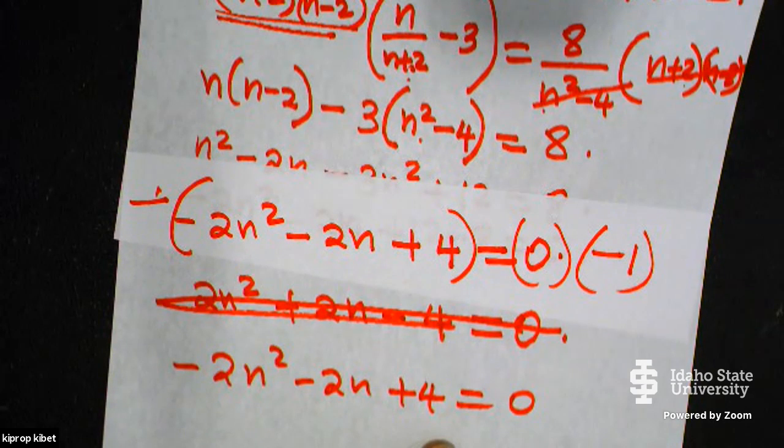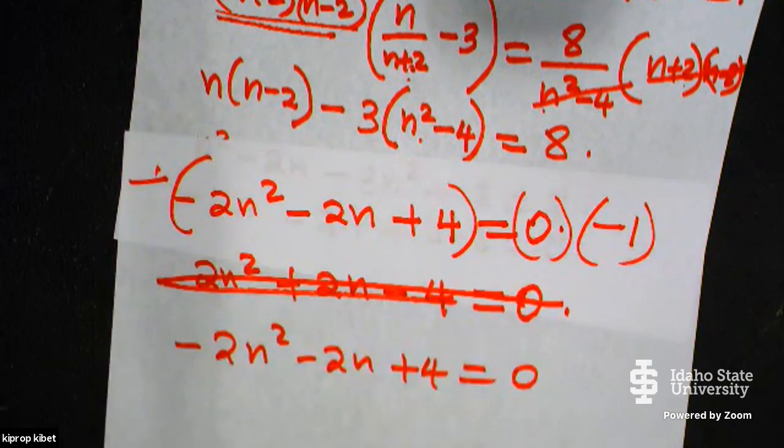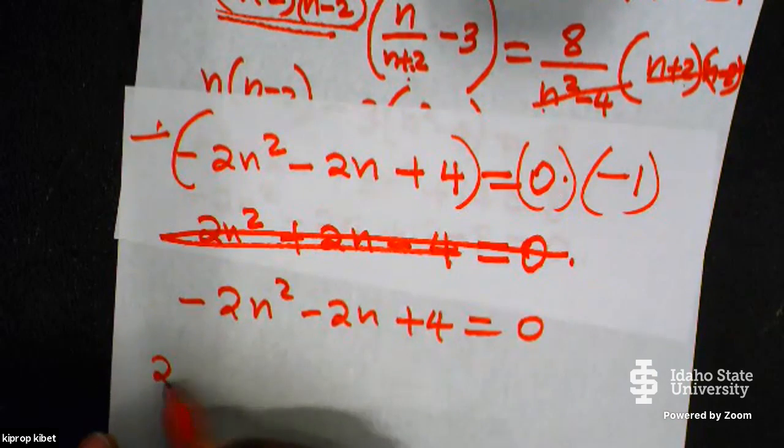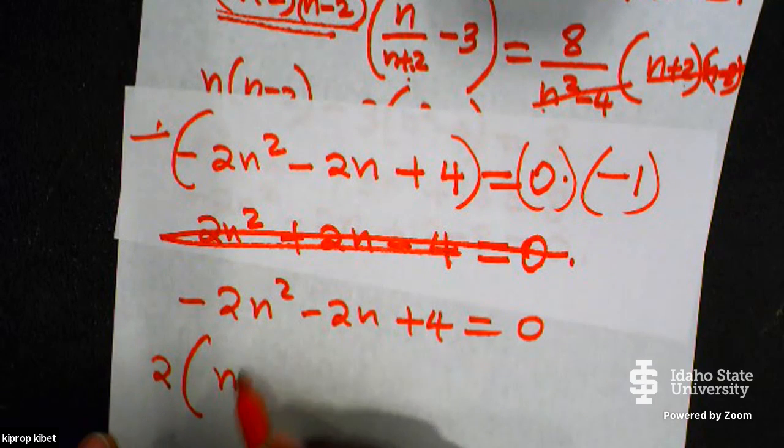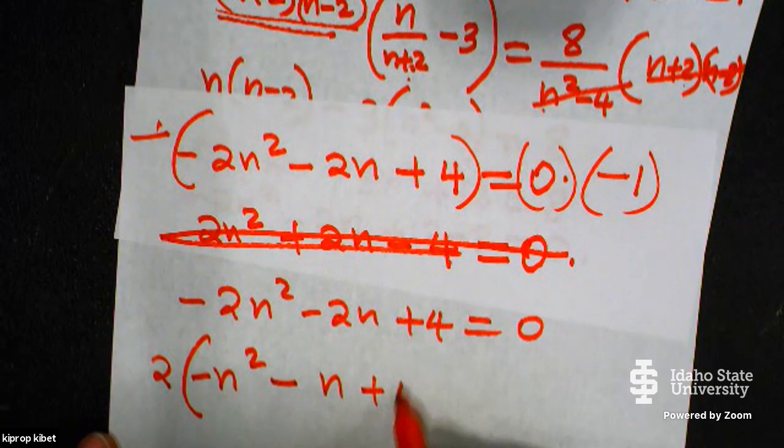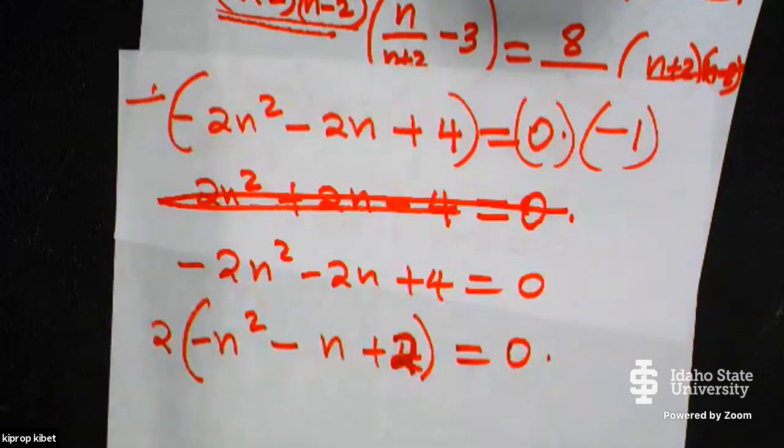Negative 2, right? So you can remove negative 2 outside, or you can just remove 2 outside. So you can say 2 here, and then n square minus n plus 2 equals to 0.